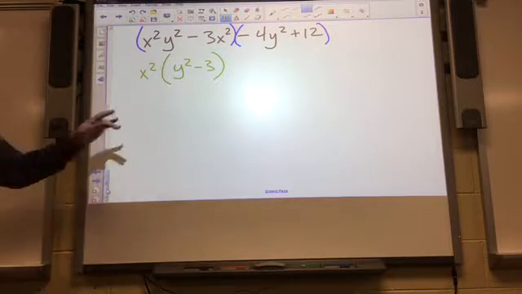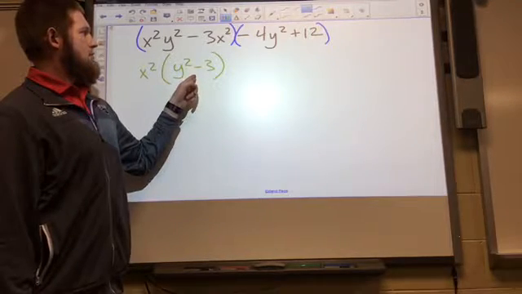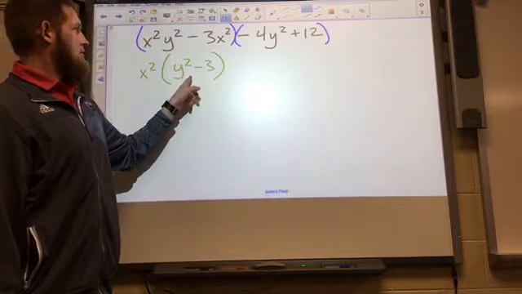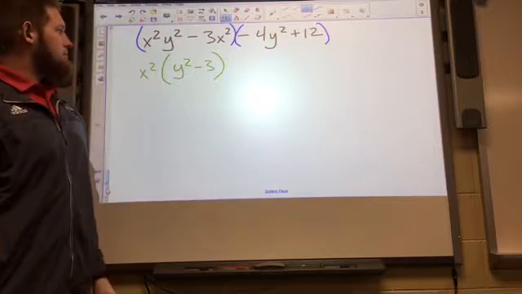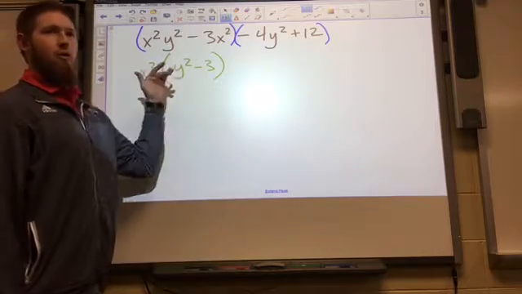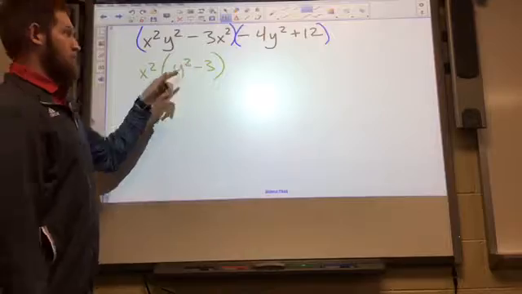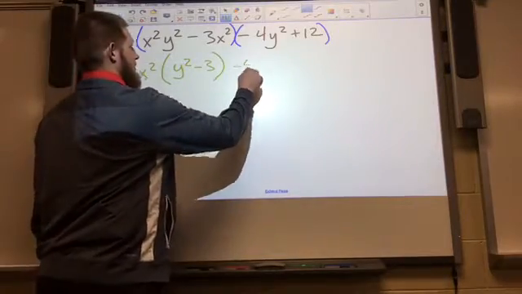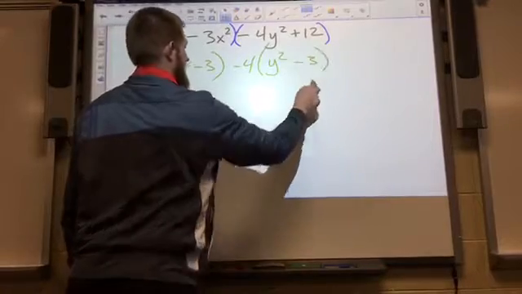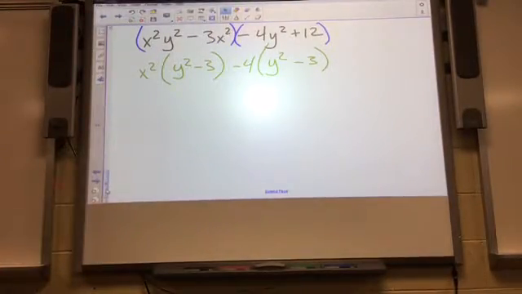Isaiah, is there anything that I can take out of this to give me the same thing? The negative 4, good. If I take out just the 4, then I have a negative y squared plus 3, right? And we don't want that. So Isaiah told us to take out a negative 4, and I get y squared minus 3. That's good, right? So Devin, now what?